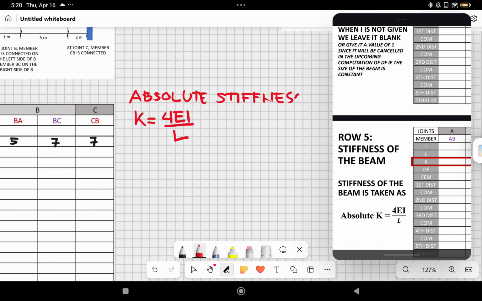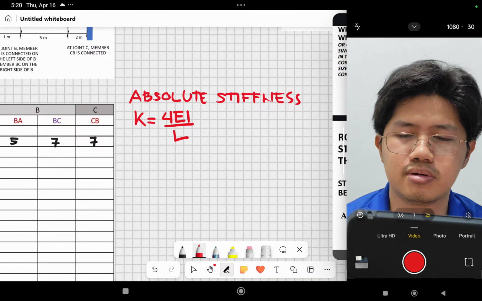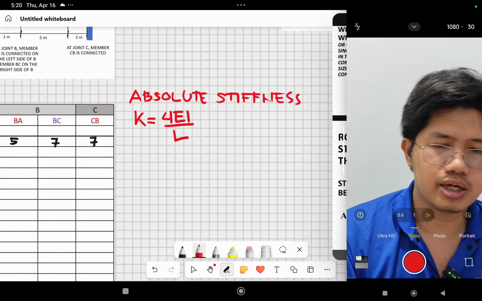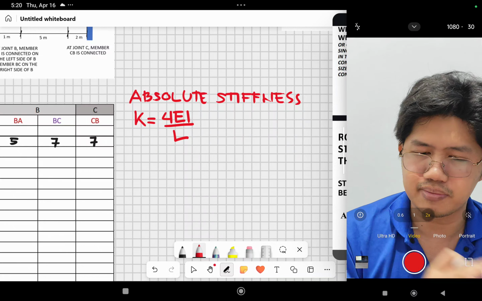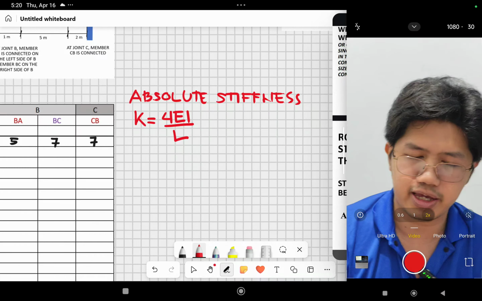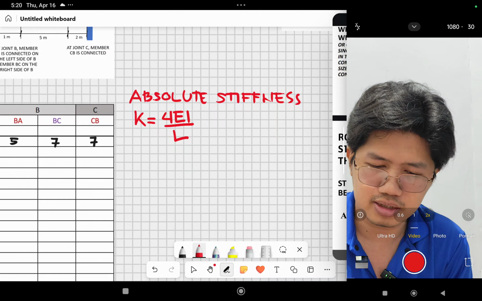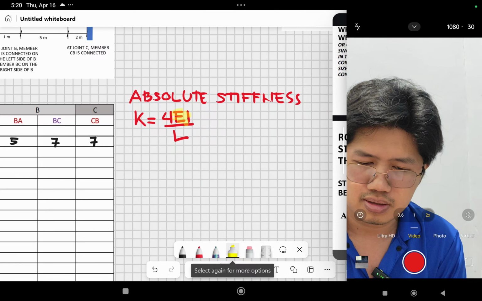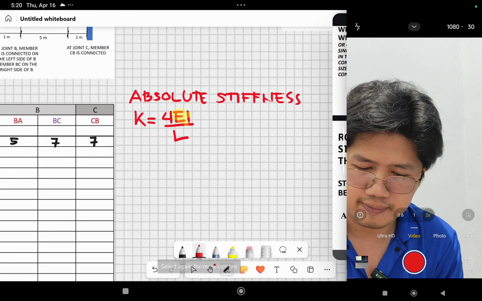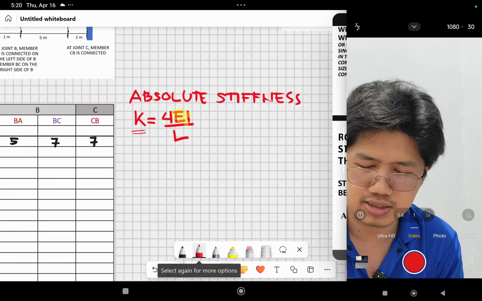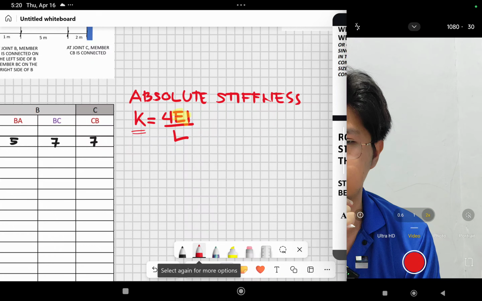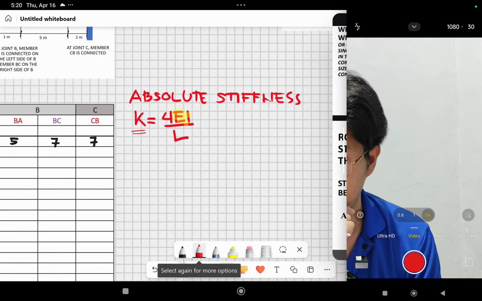So based on this definition, we can relate that the stiffness of a member, EI over L, is dependent on 3 parameters: E, I, and L. On the numerator side, you have E and I. So it means that the stiffness of the beam increases when E and I increase.